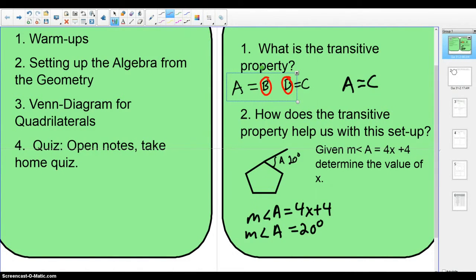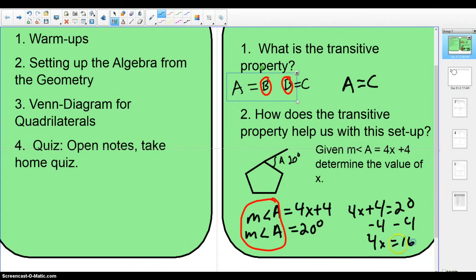In our setup here, the measure angle A is the same in both. So that means we can always say that 4x plus 4 equals 20. And we would solve that from there. We subtract 4 from both sides. So we have 4x equals 16, which would mean x equals 4.